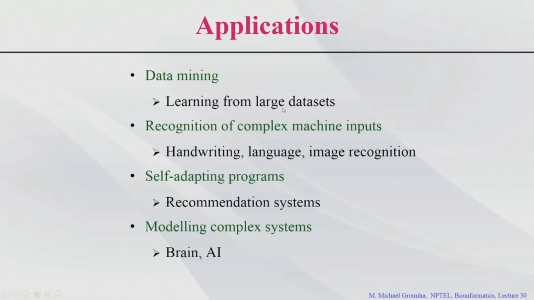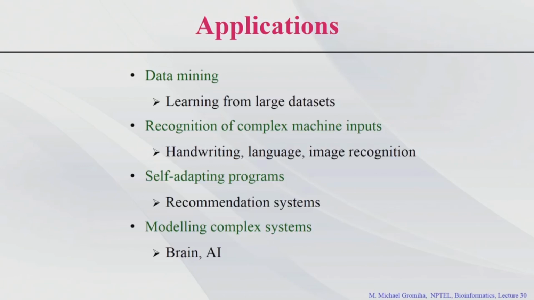So, what are the various applications of machine learning? Machine learning has a wide range of applications, not only in biology but in all aspects of the system. For example, in data mining we can learn from very large data sets, maybe in physics, chemistry or any engineering side.